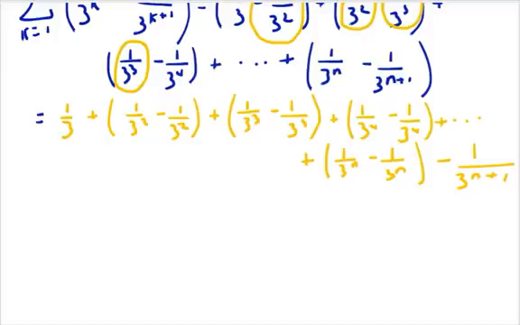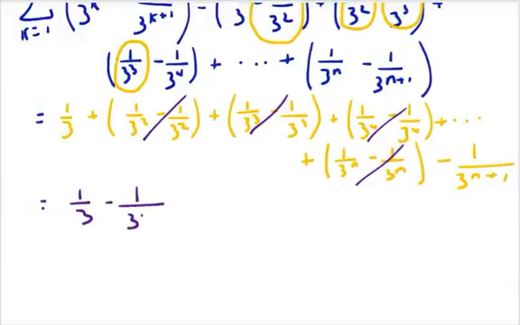So what you notice is that these terms all cancel out, and what you're left with is a formula, 1/3 minus 1 over 3n plus 1 for this particular telescoping series.